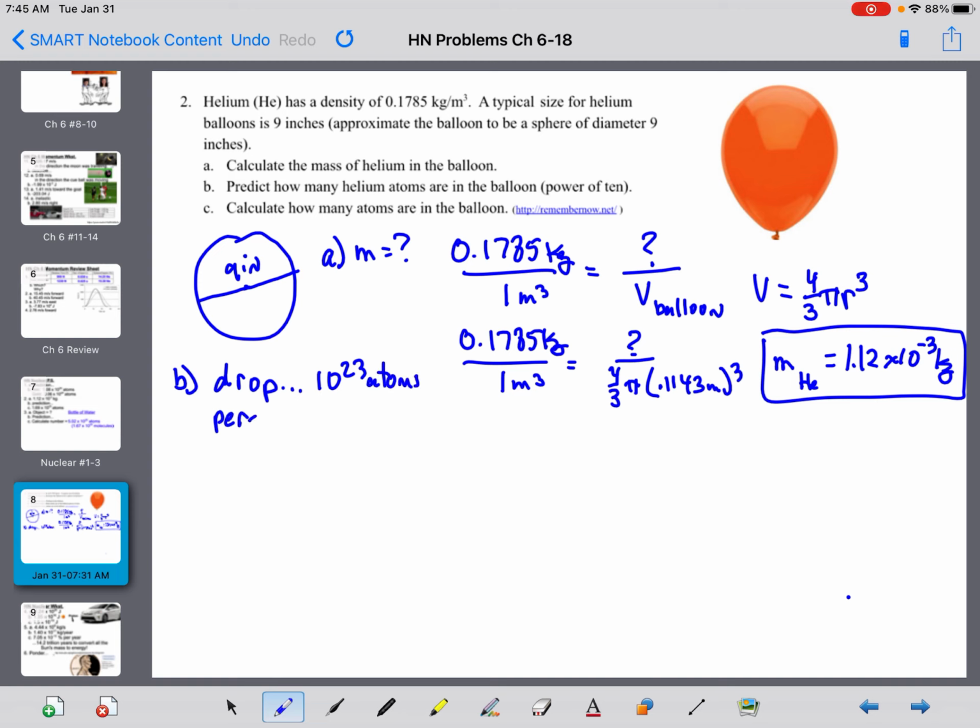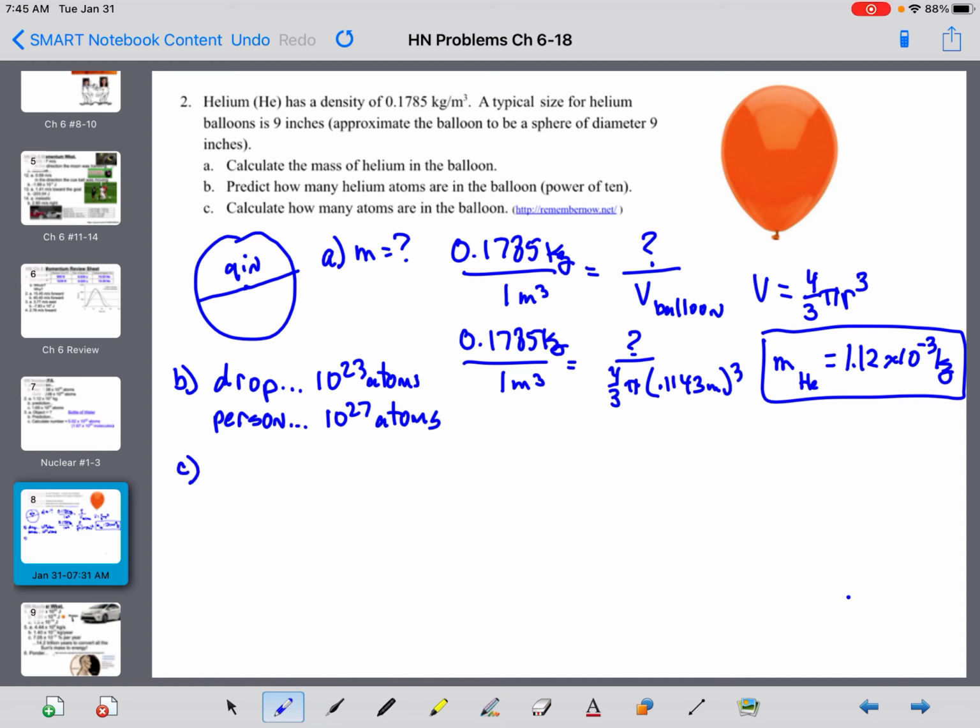A person, that was about 10 to the 27th atoms. Well, the helium in the balloon more than likely is less than a person, might be somewhere in the neighborhood of a drop of water. So an estimation of maybe 10 to the 22nd, 10 to the 23rd would be reasonable.